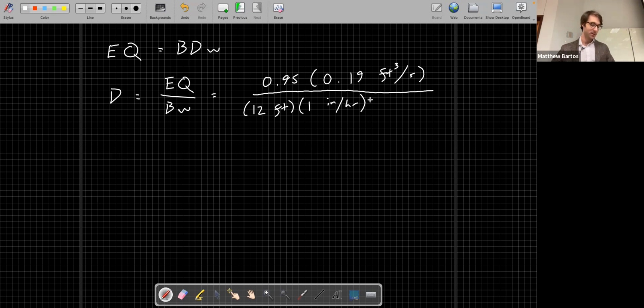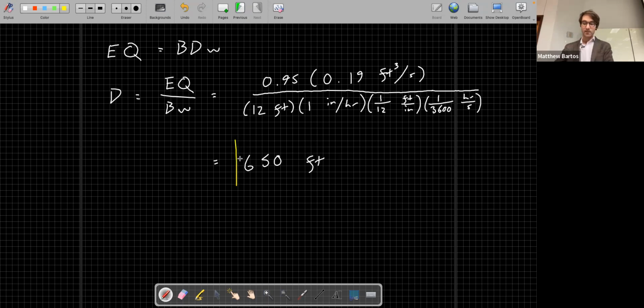And now we need to do some unit conversions. So we have 1/12 feet per inches and 1/3600 hours per second. And if you evaluate this, what you end up with is a distance of 650 feet between curb inlets.